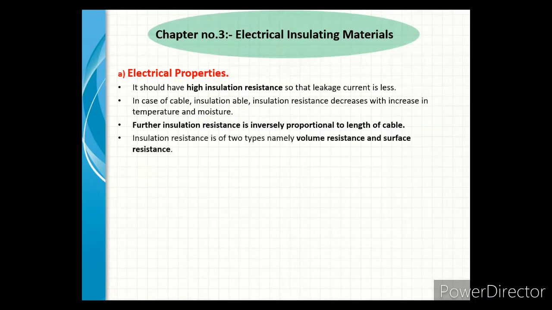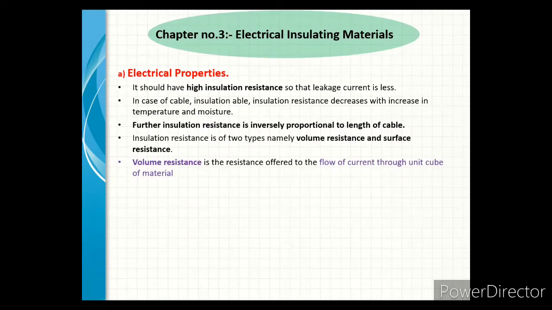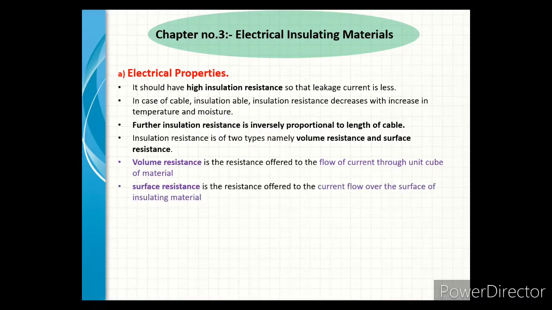Insulation resistance is of two types, namely volume resistance and surface resistance. Volume resistance is the resistance offered to flow of current through unit cube of material. Surface resistance is the resistance offered to the current flow over the surface of insulating material.